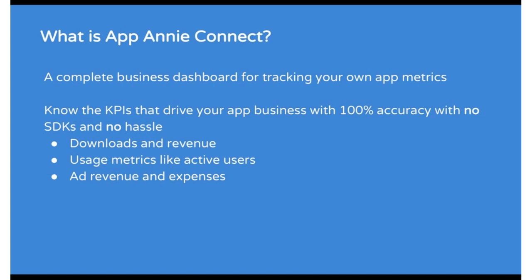With App Annie Connect, you will get an easier view of various metrics such as downloads and revenue, usage metrics like active users, daily active users, and advertising platform metrics such as ad revenue and expenses.